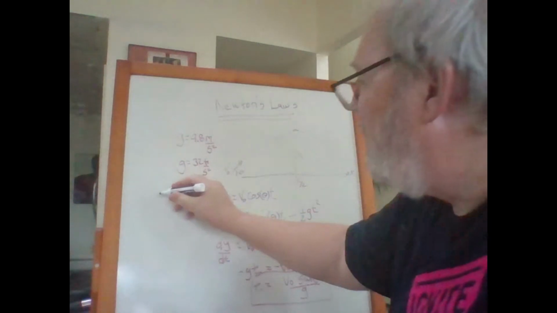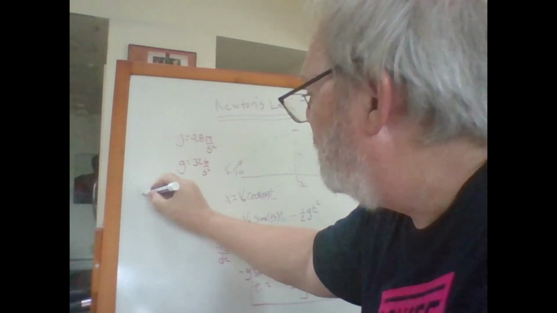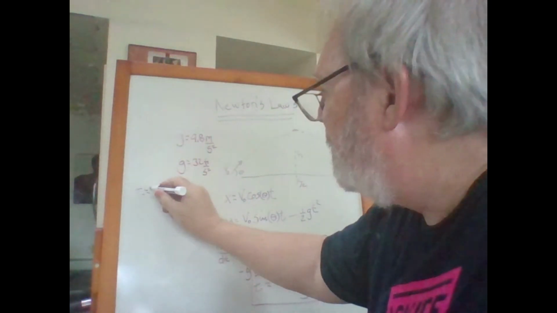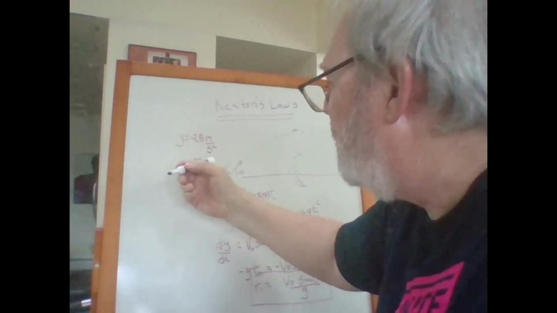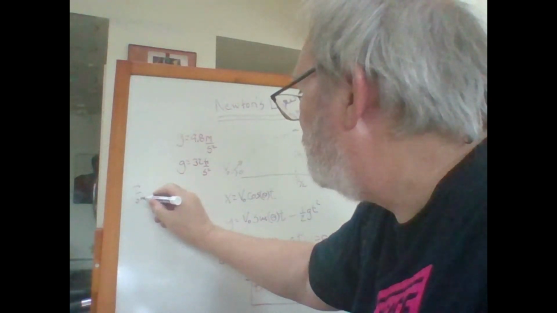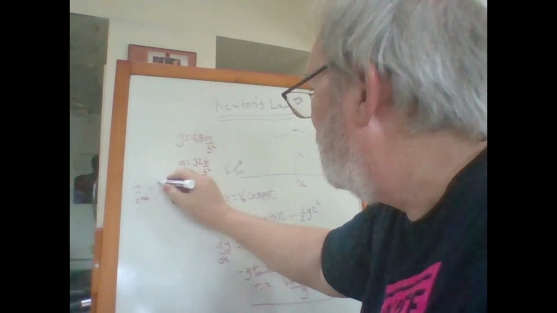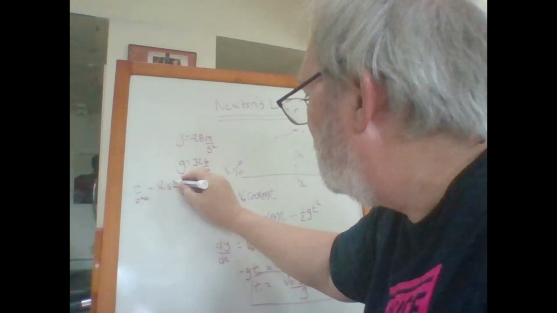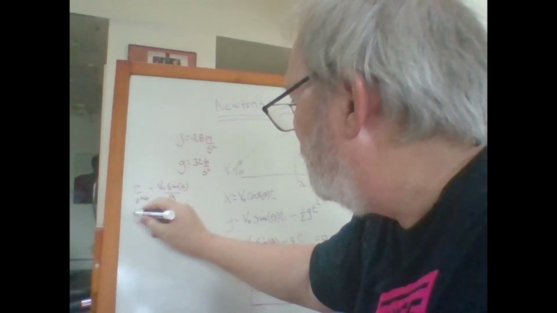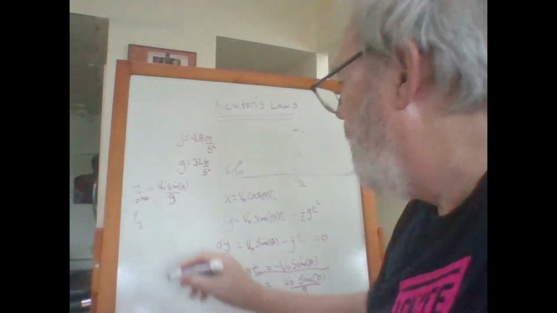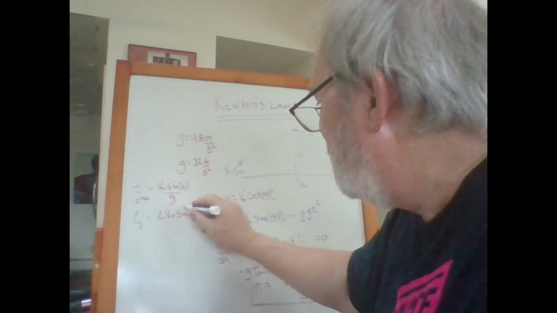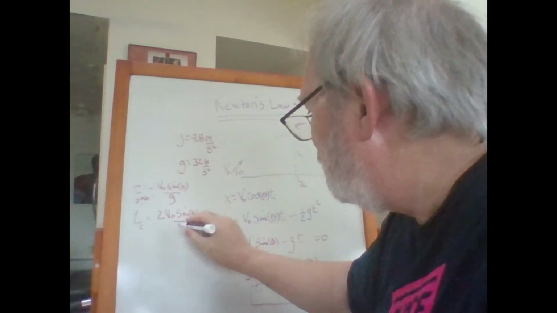So we could say time to y max equals v0 sine theta on g, and time total for the whole trajectory is 2 times v0 sine theta on g.